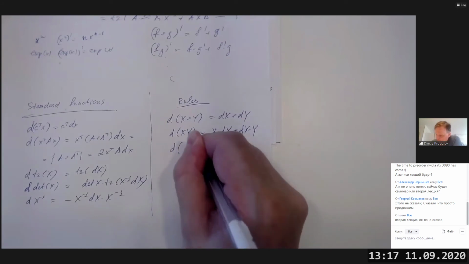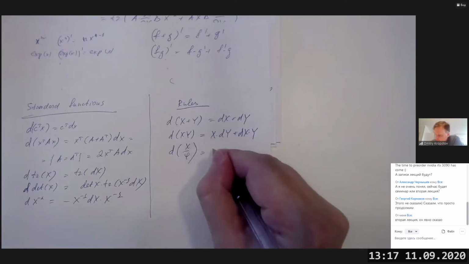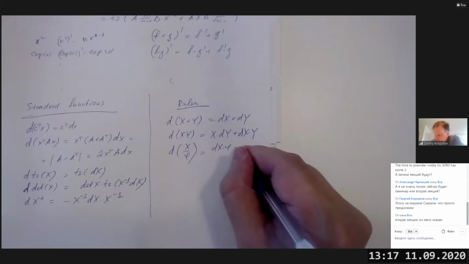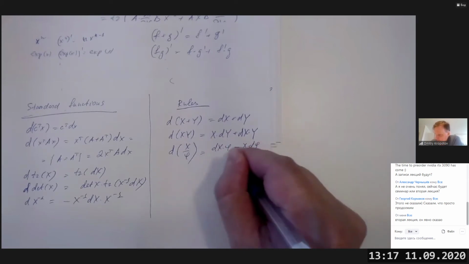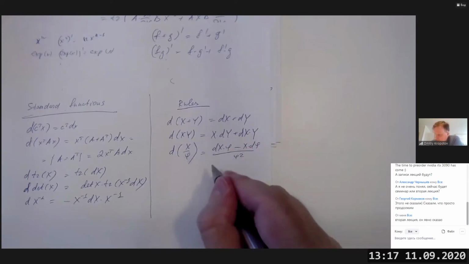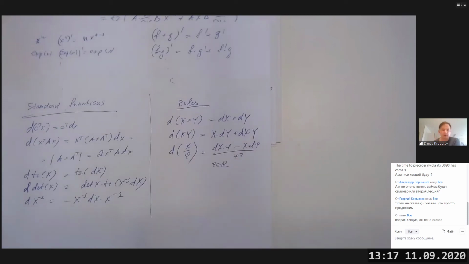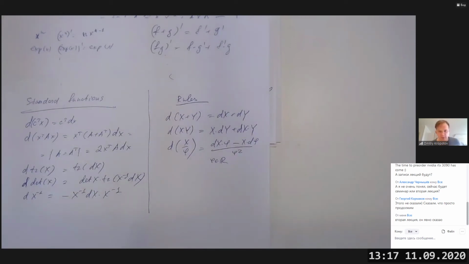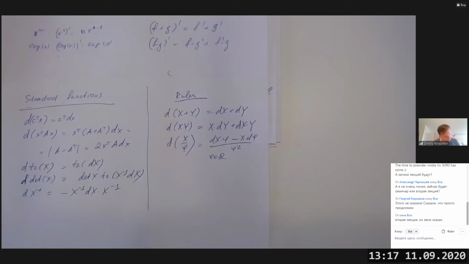Differential of a ratio, and in this case we suppose that phi is actually a one-dimensional function.